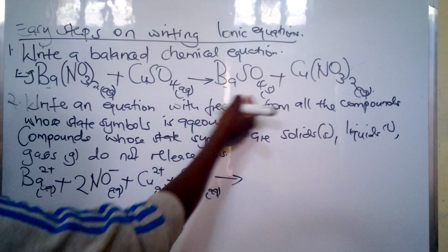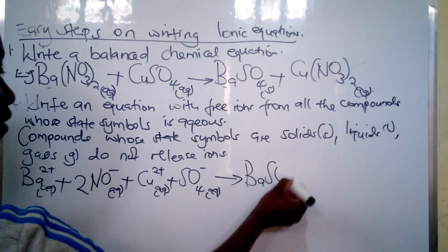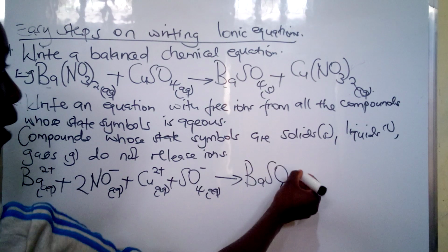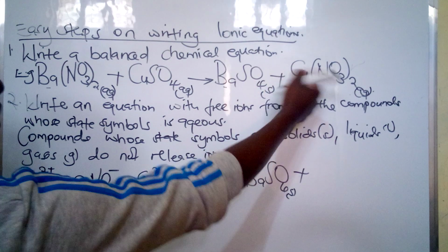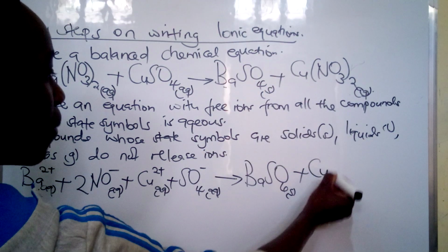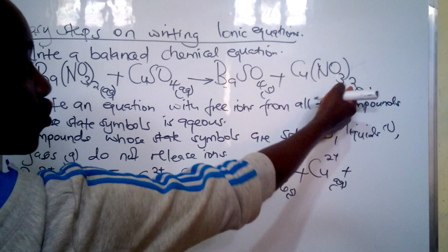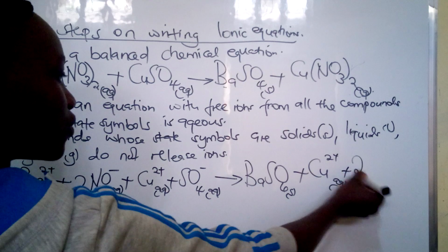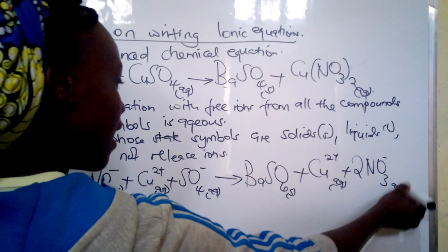So we are going to write this barium sulfate as it is. So we have barium sulfate, solid, plus we are going to separate these ions for this compound because its state symbol is aqueous. So we have copper 2 plus aqueous plus 2 nitrate ions aqueous.